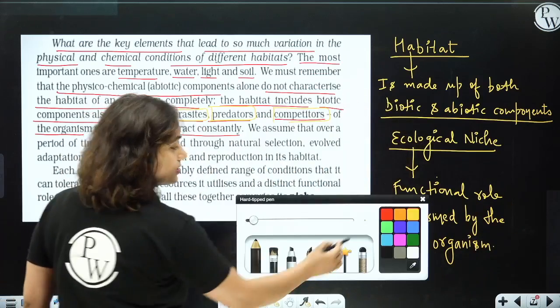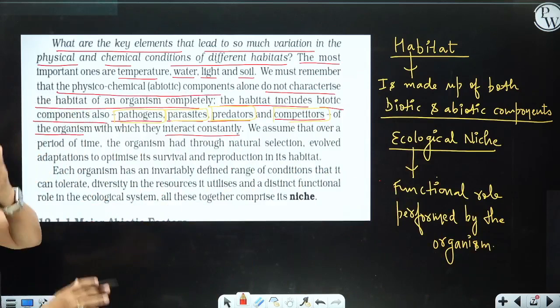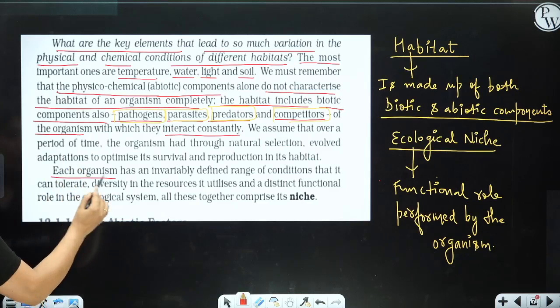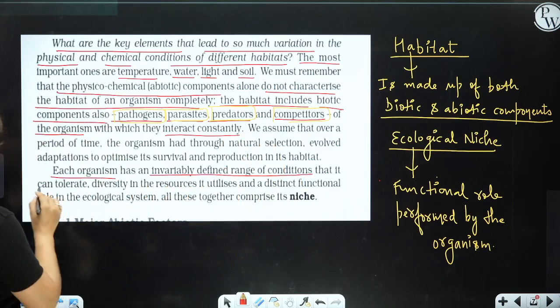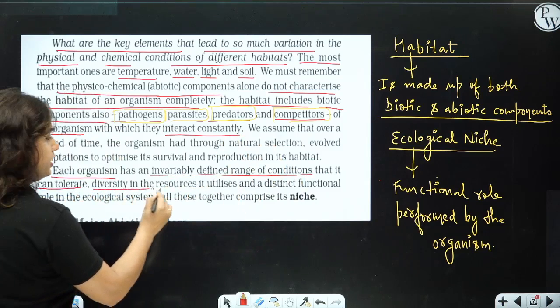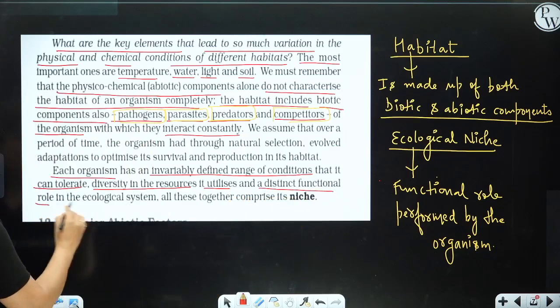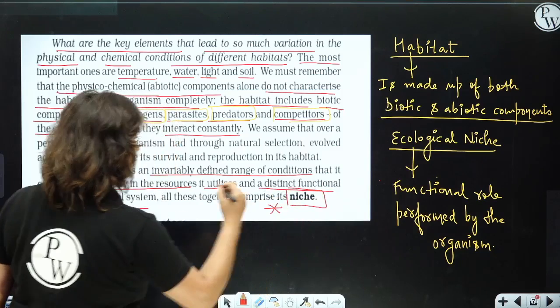Okay, now let's read the very important lines of NCERT. Each organism has an invariably defined range of conditions that it can tolerate, diversity of the resources it utilizes, and a distinct functional role in the ecological system, which is called the niche of the organism.